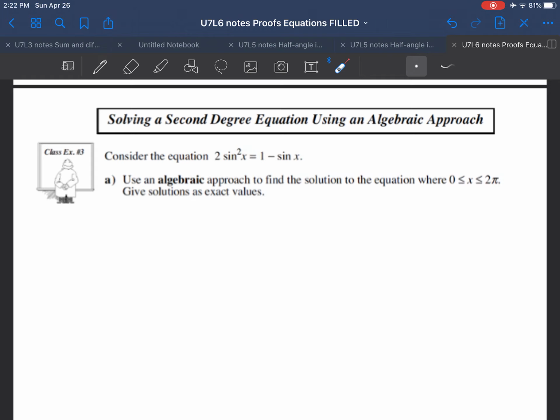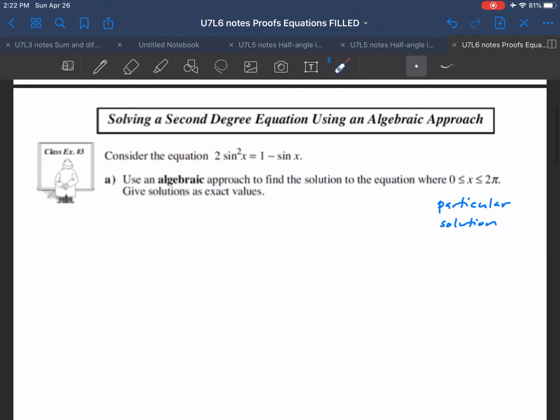So we are going to solve for, in this case, a particular solution. Particular solution means we have a finite set of answers. We'll look at some later, I believe, where we have to write the general solution. That's a formula for all the possible answers, and with a lot of trig equations, that's an infinite amount. The other thing is it says to give the solutions as exact values.